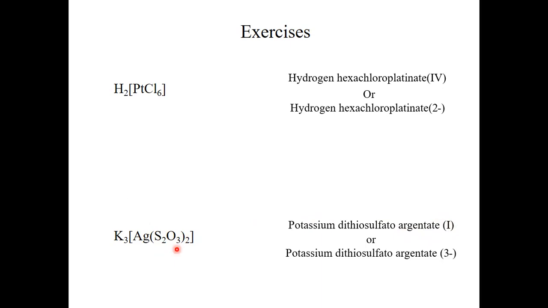But the complex has overall a 3- charge, which is understandable from the fact that we need 3 potassium ions to compensate the charge. So therefore, -4 + 1 gives -3, and therefore the oxidation number is +1. In the Ewing-Bassett system, we would place 3- in parentheses behind the name because the complex anion has a 3- charge.